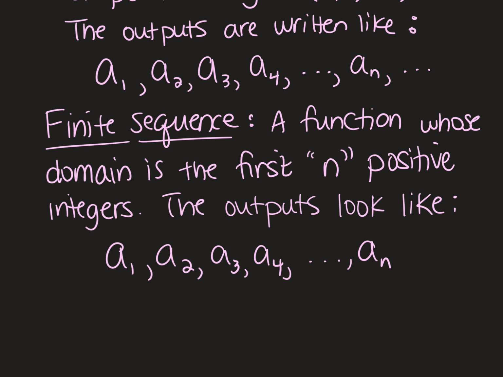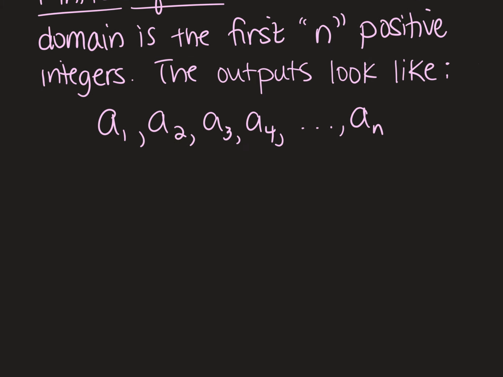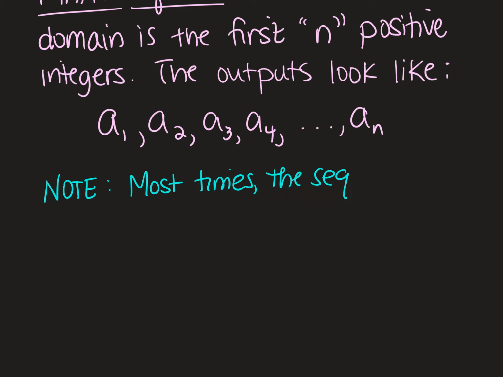The big thing I want you to understand is that we're writing this in a mathematical way so we can understand how to represent these things in more of a generic way. So just as a little note here, most times the sequence will start with the first term.